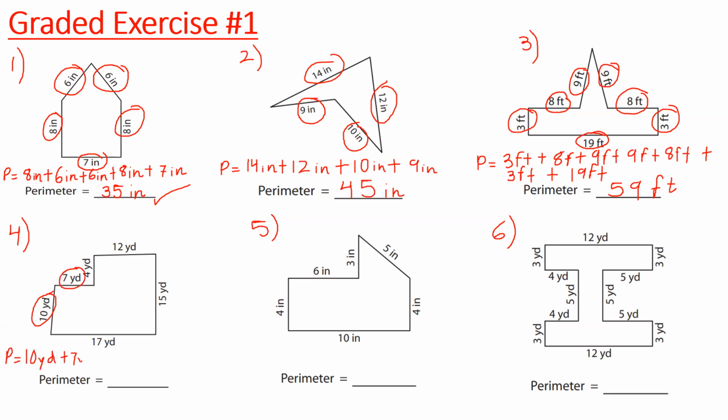Okay. So she said she added 10 plus 7 plus 4. Remember the perimeter is the total distance around the shape, plus 12 yards, plus 15 yards.